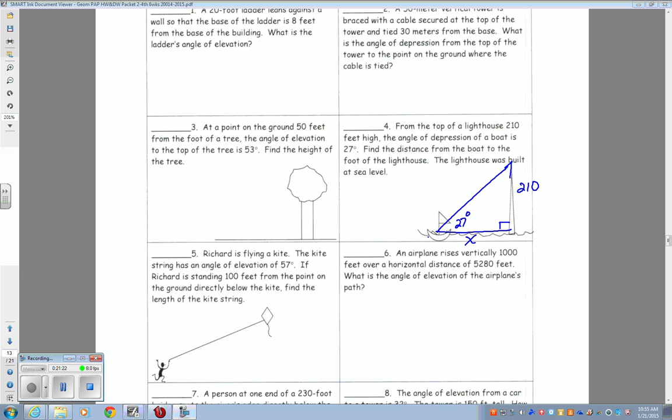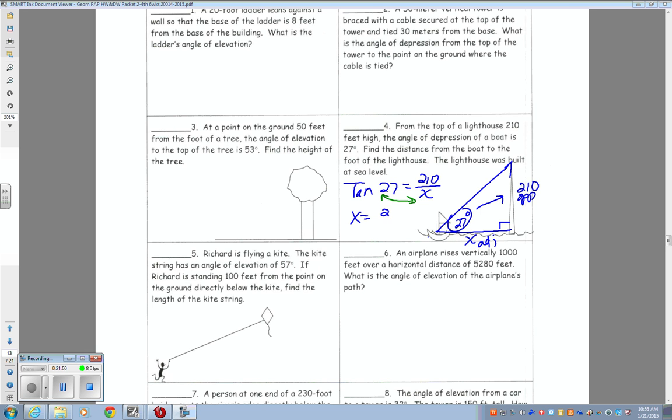In your drawing, you're always going to use the right triangle, and then you're going to label the parts to match the scenario. So we have opposite and adjacent. So this is tangent. So tangent 27 equals 210 over x. X is on the bottom, so all I'm really going to do is switch these two around and rewrite it.